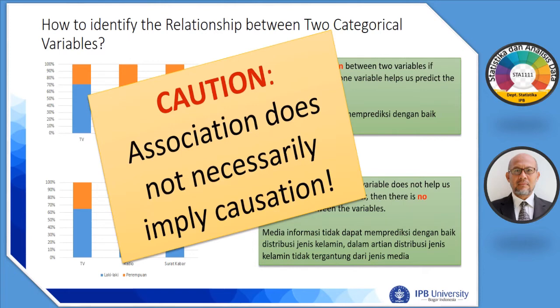This is just an association between variable A, for example, and B. It doesn't mean that A is the cause of B, not causal, not the reason for B's fluctuations. This is just an association between two categorical variables. Be careful about this.